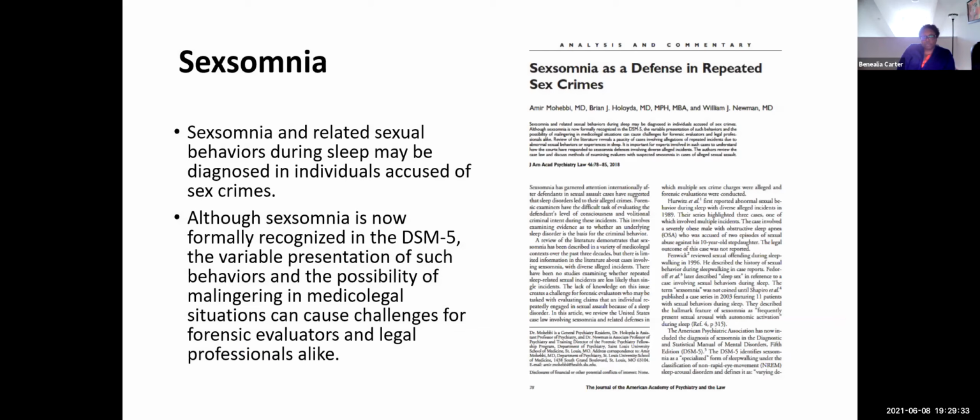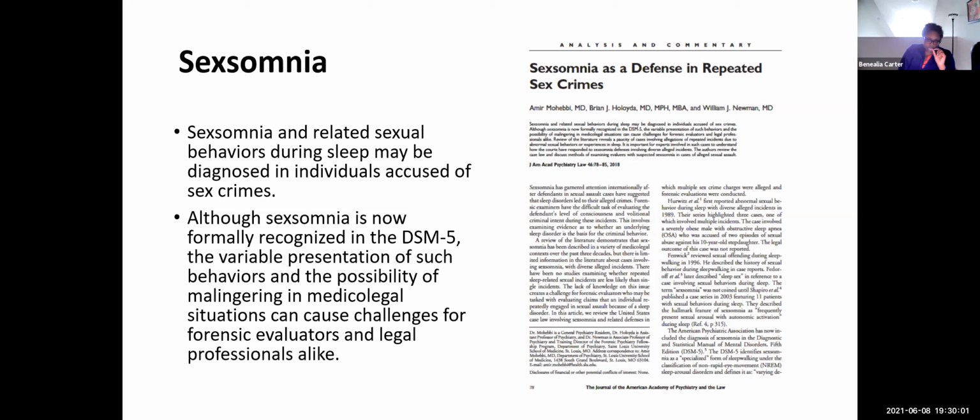So before we talk about Sleeping Beauty syndrome, there is something called sexsomnia. And this is why I wanted the children out of the room. Because sexsomnia is a defense, and it actually is a parasomnia where people exhibit and perform sexual acts while they are completely asleep.